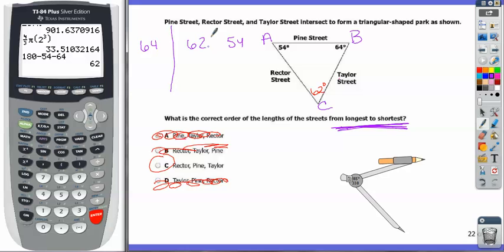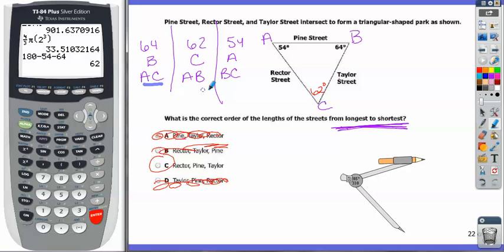And I'm going to make my table. Where is the 64? It's at B. What two letters are missing? A and C. Where's the 62? C. What two letters are missing? A and B. 54 is at A. What two letters are missing? B and C. So let me highlight some of this stuff.